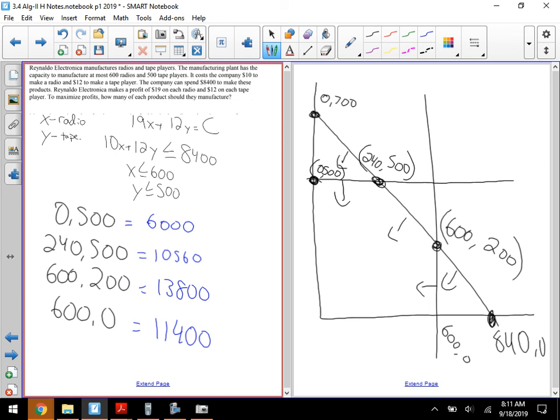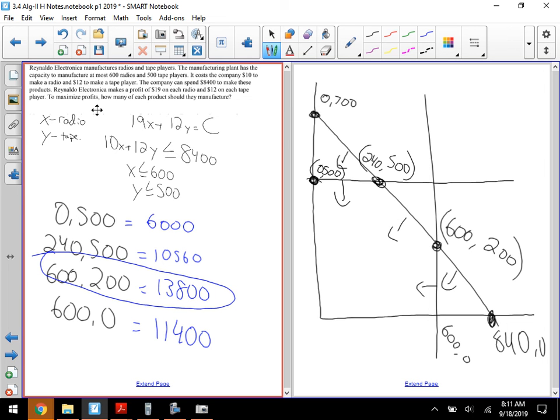Which one of those makes you the most money? 600, 200. According to my ordered pairs, the 600 represents radios, the 200 represents tapes.